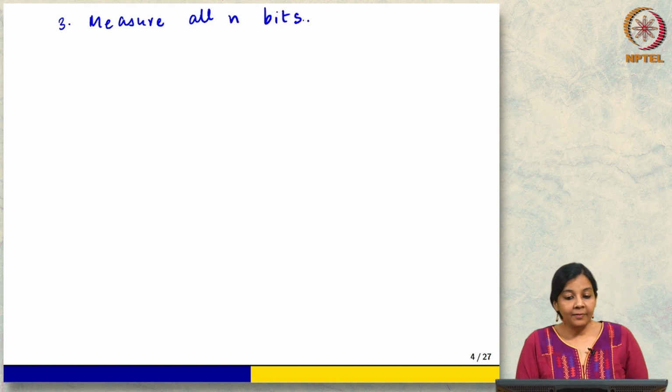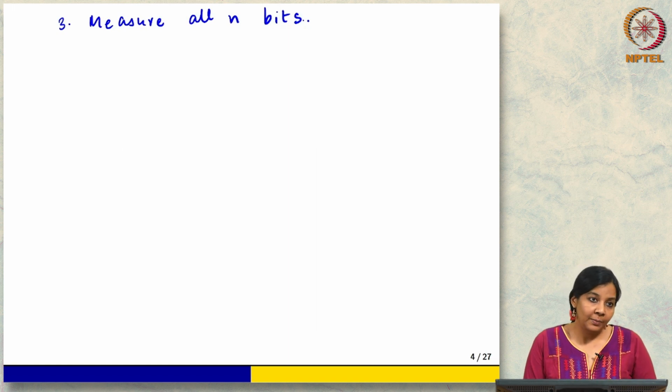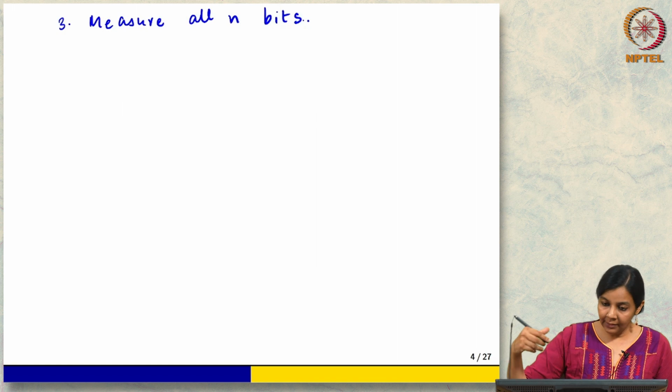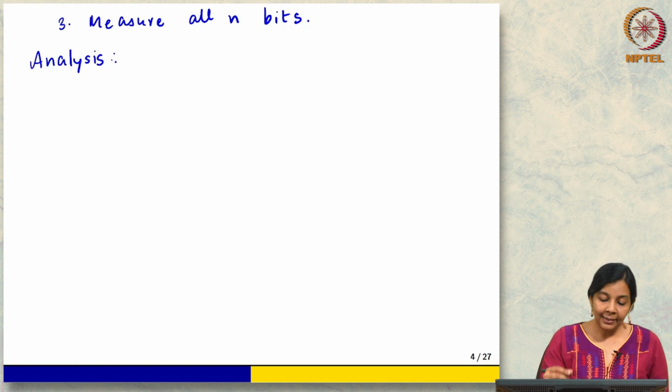And the claim is that with constant probability, I will find the point that I am looking for when I do this measurement. This is a strong claim, and actually it needs a very careful proof. So, we will look at the analysis.